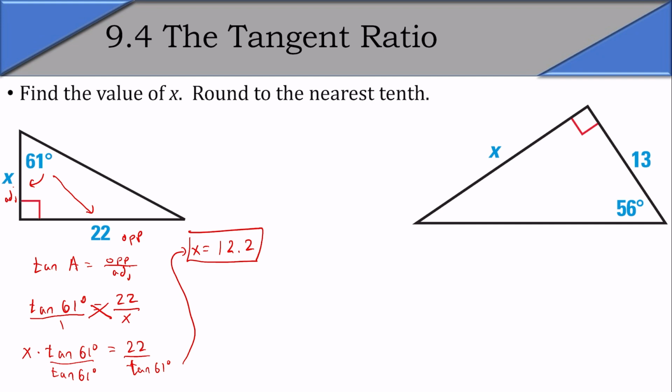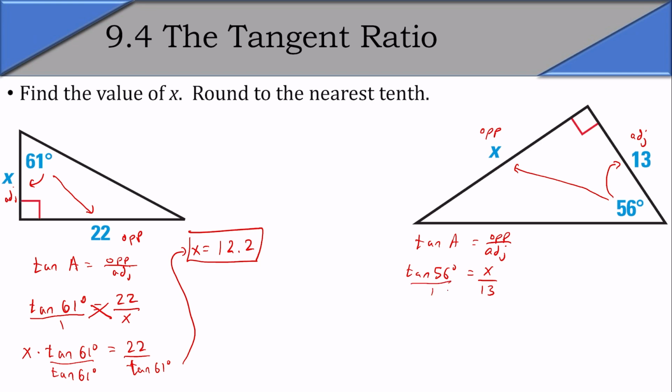Let's try the other one. From the 56, the x is the opposite. The 13 is the adjacent. So tangent of our angle is the opposite over the adjacent.